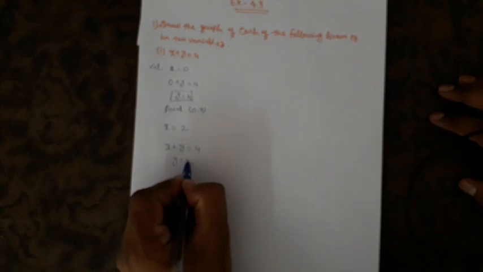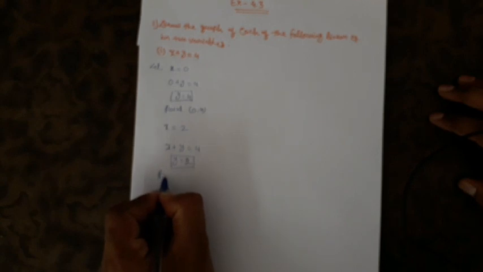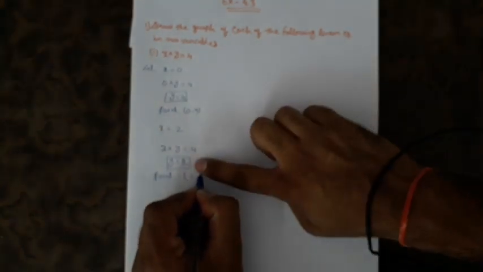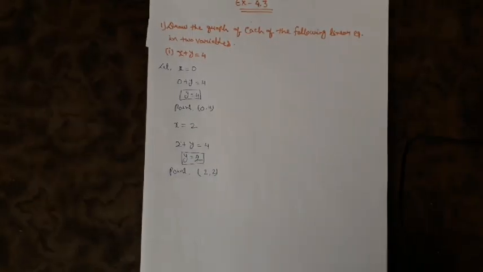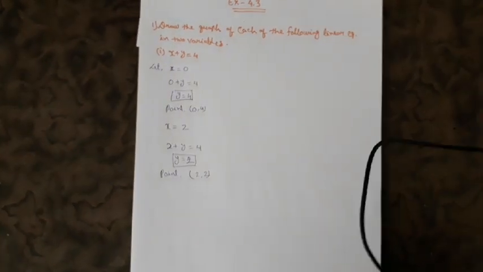When we solve it, we'll get y equals 4 minus 2, so y will be 2. So the second point we have: x we have taken 2 and y also we got 2. So this is the solution of this equation.